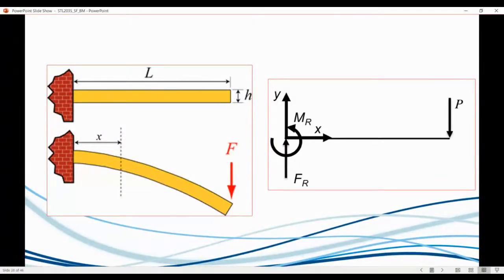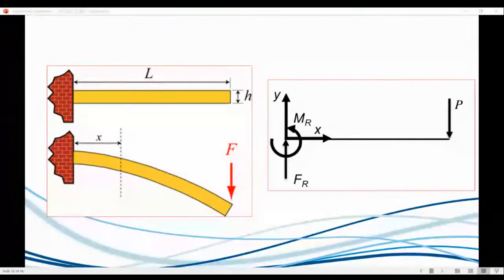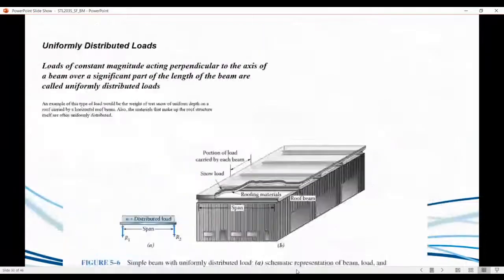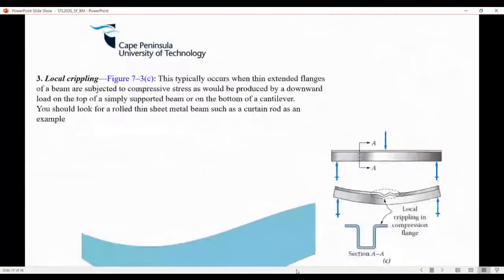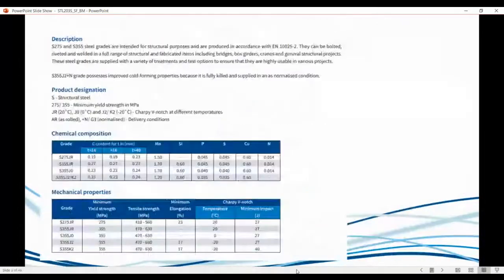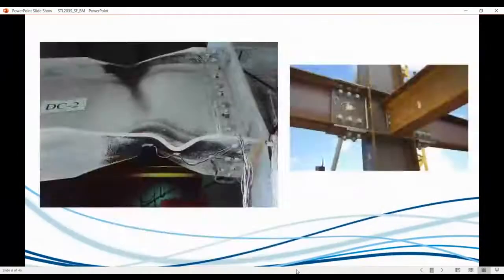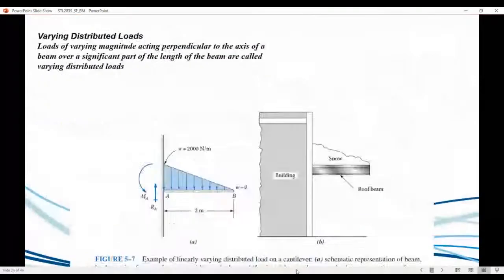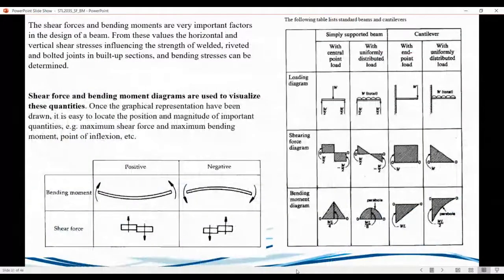All right, heading back to the lectures. What I'm trying to say is that for this level, you're only assessed on these arrangements: a point load and a UDL or a combination of them, on a simply supported beam or a cantilever.